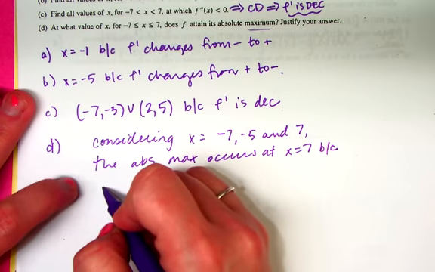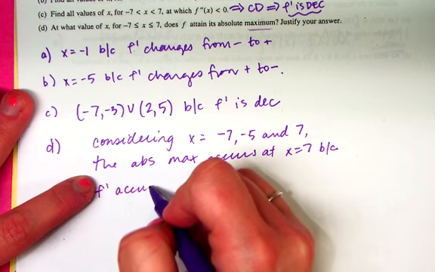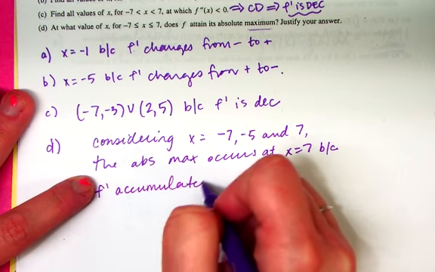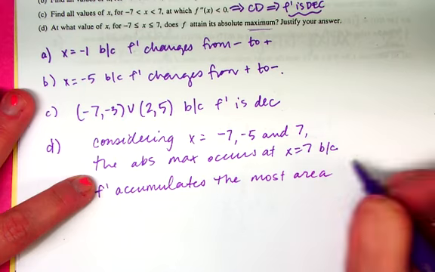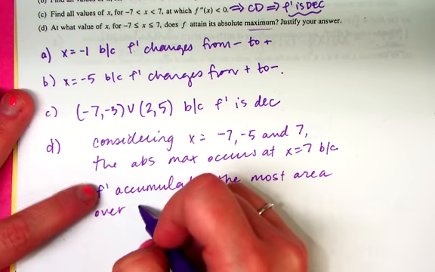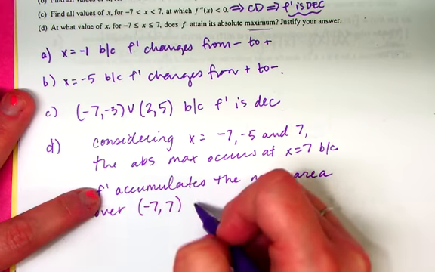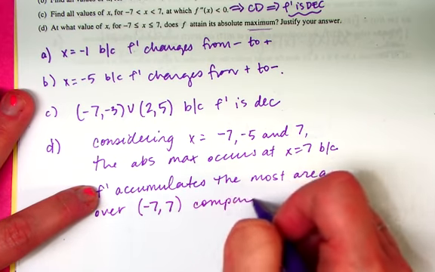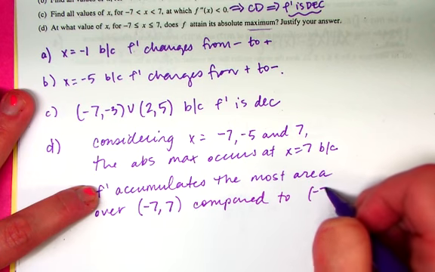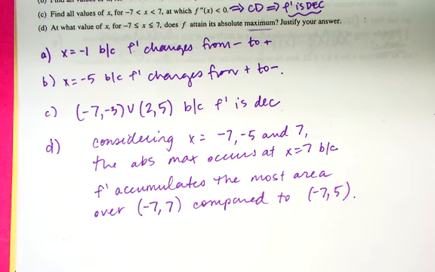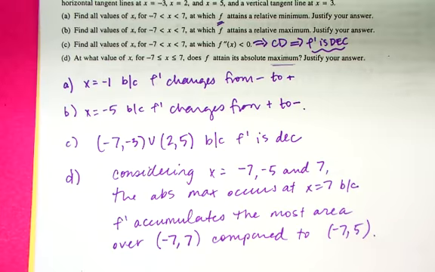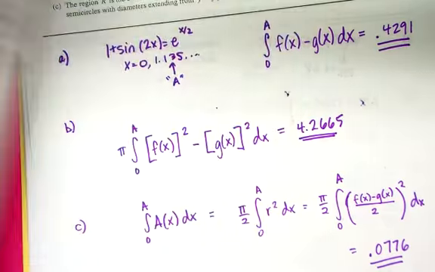Because f prime accumulates the most area over, let's say, negative 7 to 7 compared to negative 7 to 5. Okay, lots of different ways to say this. I can go maybe, we'll hit a couple more of these as time goes on.